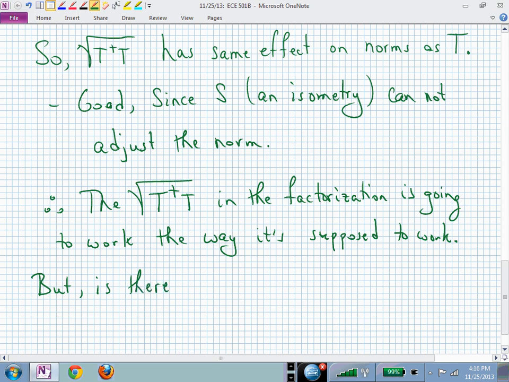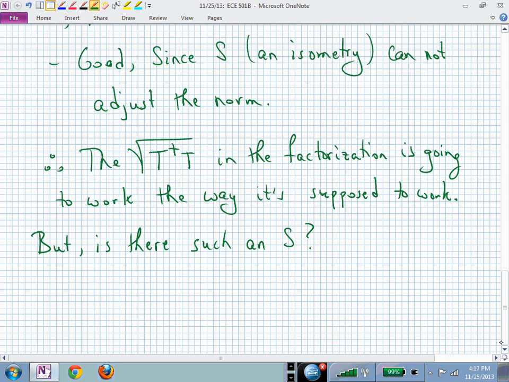Now we need to figure out, is there an isometry that will do the other piece of this operation of T? Is there such an S matrix? And let's just sort of state the idea of what we're going to try to show next.